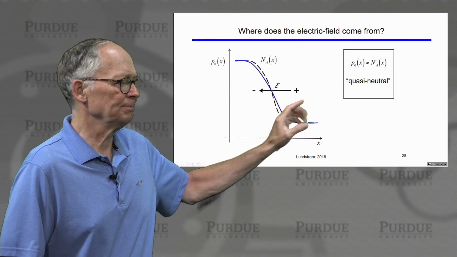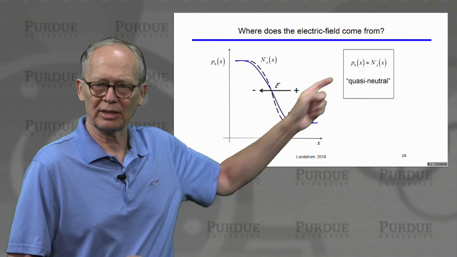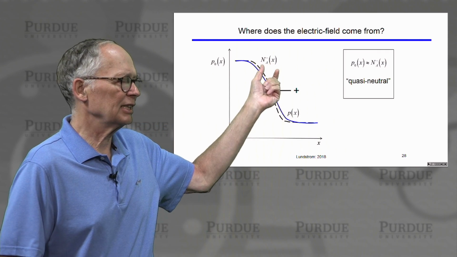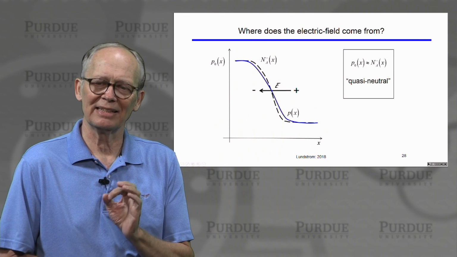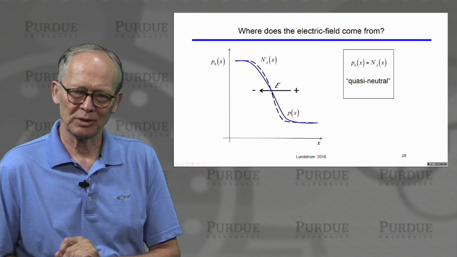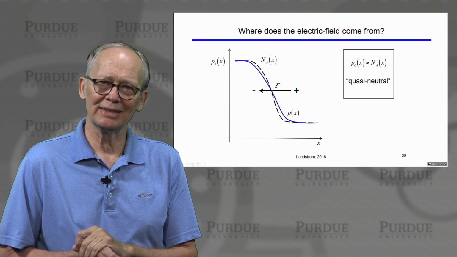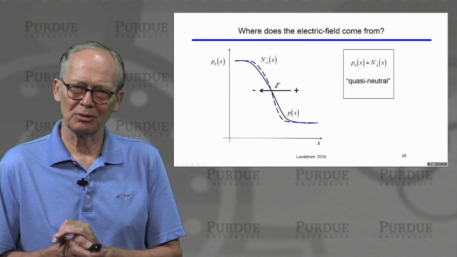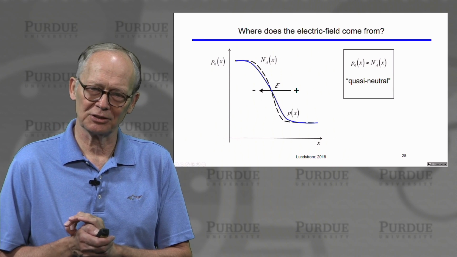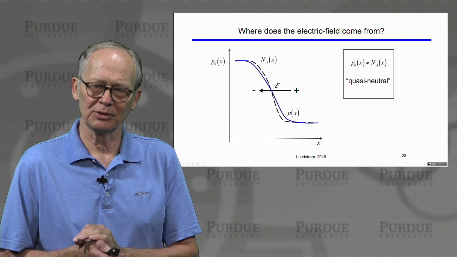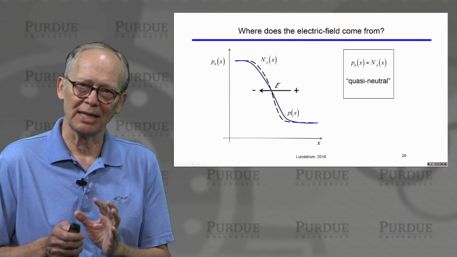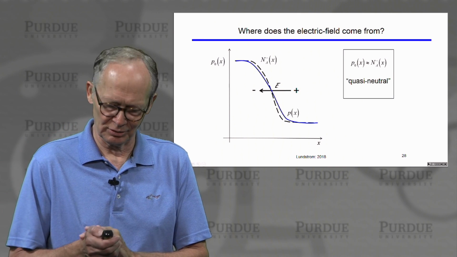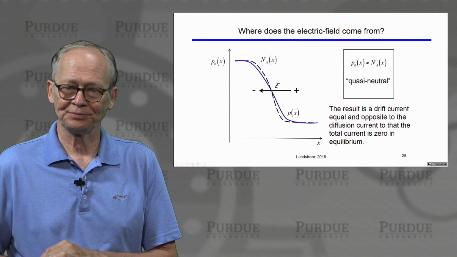When we're all done, the hole concentration will be approximately equal to the doping density, but not exactly. We'll say that the semiconductor is quasi-neutral. It is almost neutral, but there is a small charge imbalance that produces an electric field that keeps everything in place so that the mobile holes don't continue to diffuse.